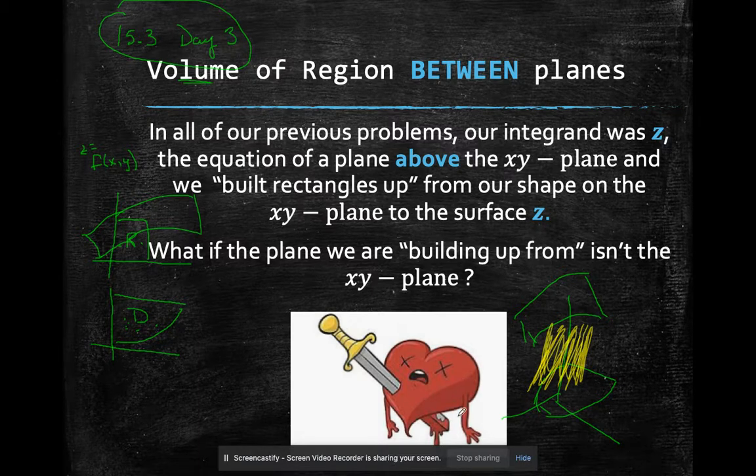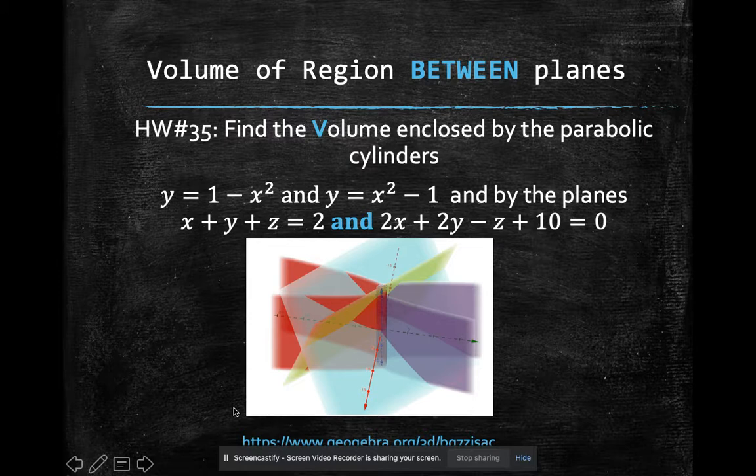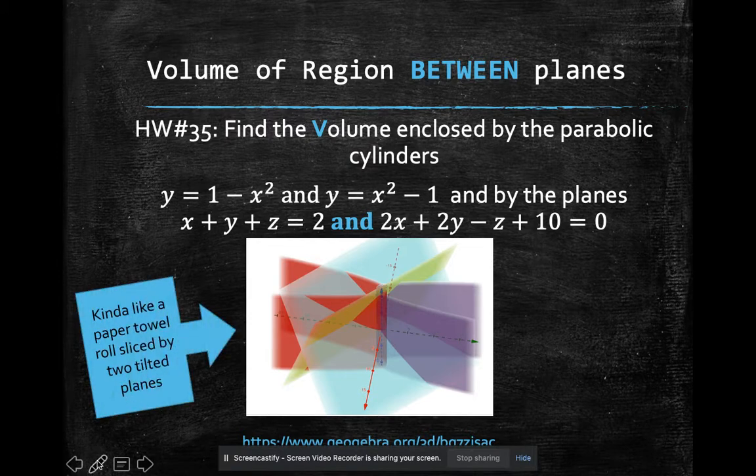So again, that's a horrible representation. I do have a Geogebra site where you can go and look at this problem, where this is literally one of your homework problems, homework number 35, where I want you to find the volume enclosed by these parabolic cylinders. So if you want to see what this looks like and kind of play around with it, this is the Geogebra site you can click on.